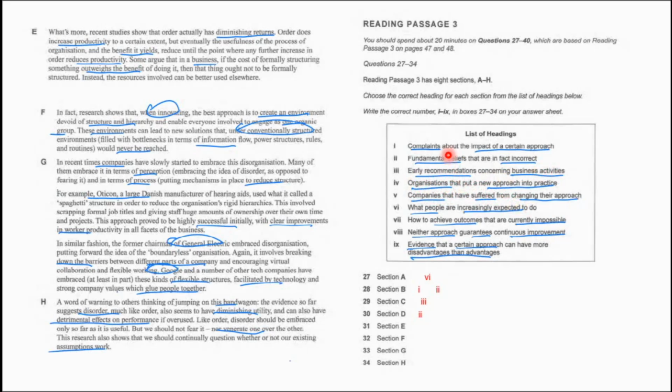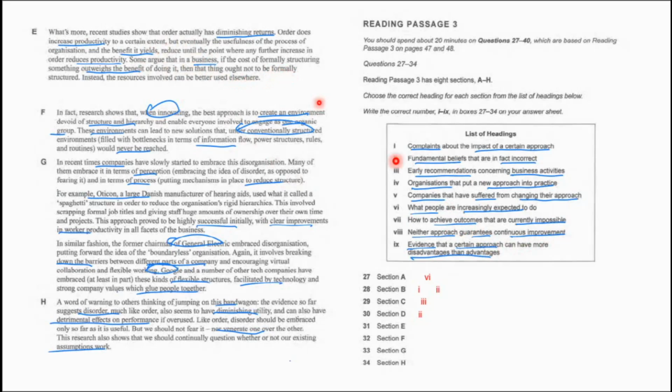So the first 5 options are not our answer. So let's look at the 6th option. What people are increasingly expected to, but they didn't mention people here, so 6 should not be our answer. How to achieve outcomes, they are mentioning outcomes here, but they are saying they are already getting it, and they didn't tell how, so 7 will not be our answer.